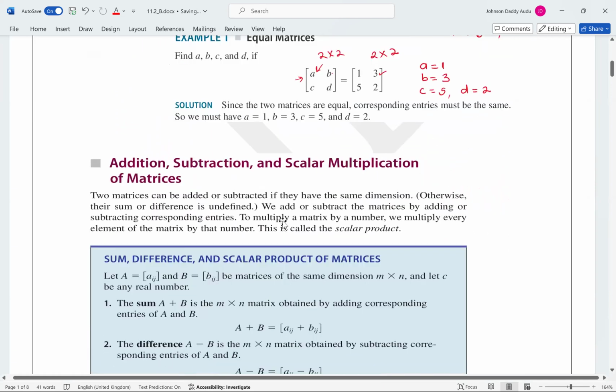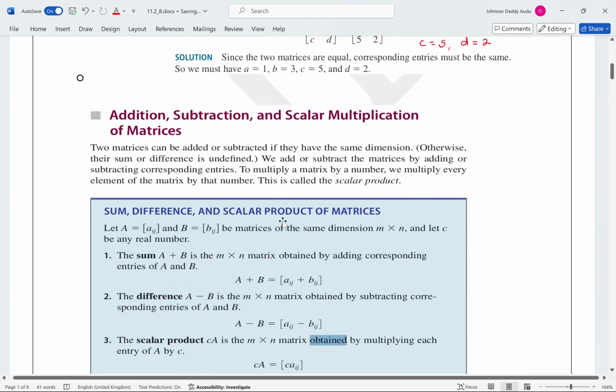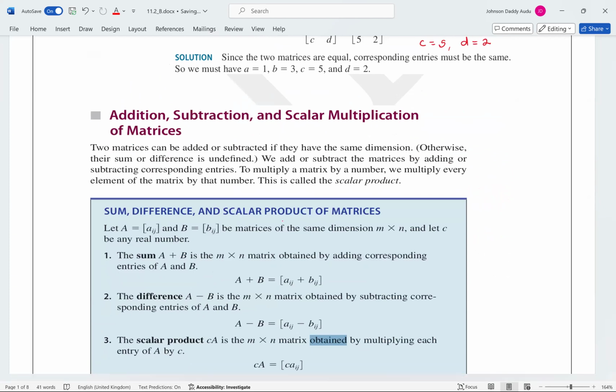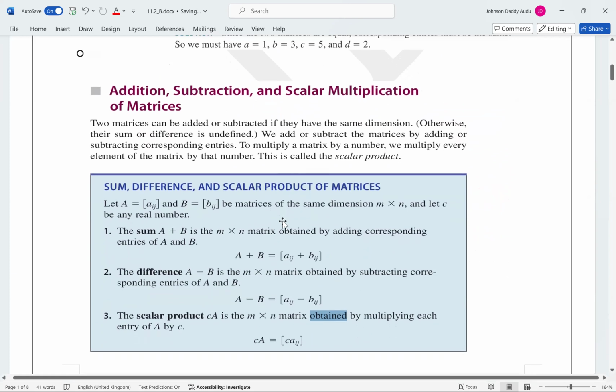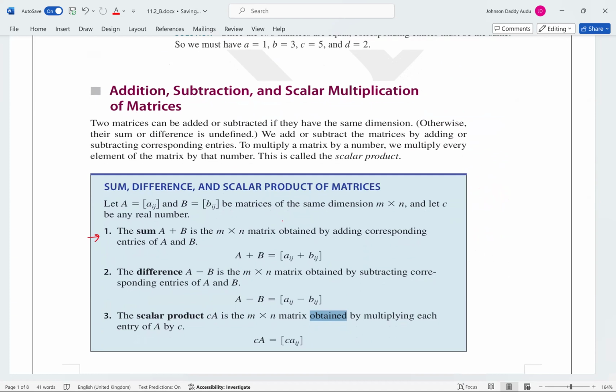Now, the next thing here is discussing addition, subtraction, and scalar multiplication of matrices. So if you have two matrices, how do you find the sum of two matrices? Now, also, look at the condition. Matrix A and matrix B must have the same dimension.